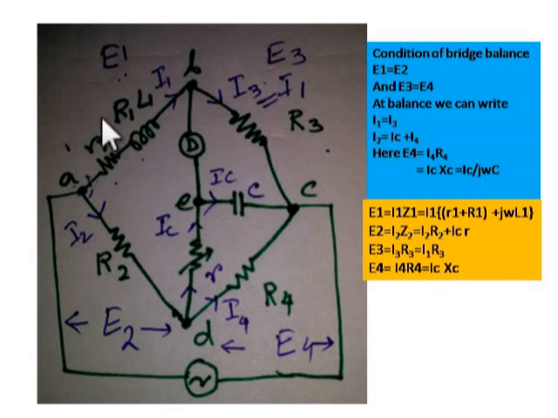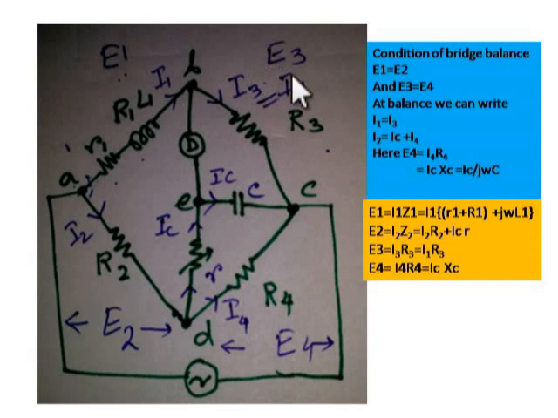Now what we have at balance condition, E1 must be equal to E2. E2 means A to D to E. That is current, this drop I2R2 plus IC into R. This one is your E2. And this portion I4R4 is equal to E4.